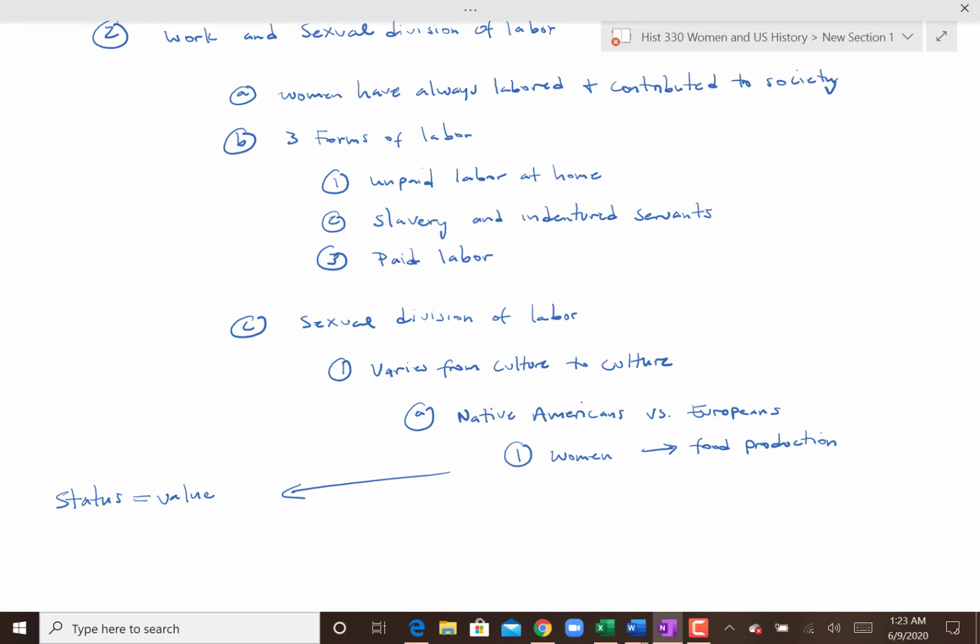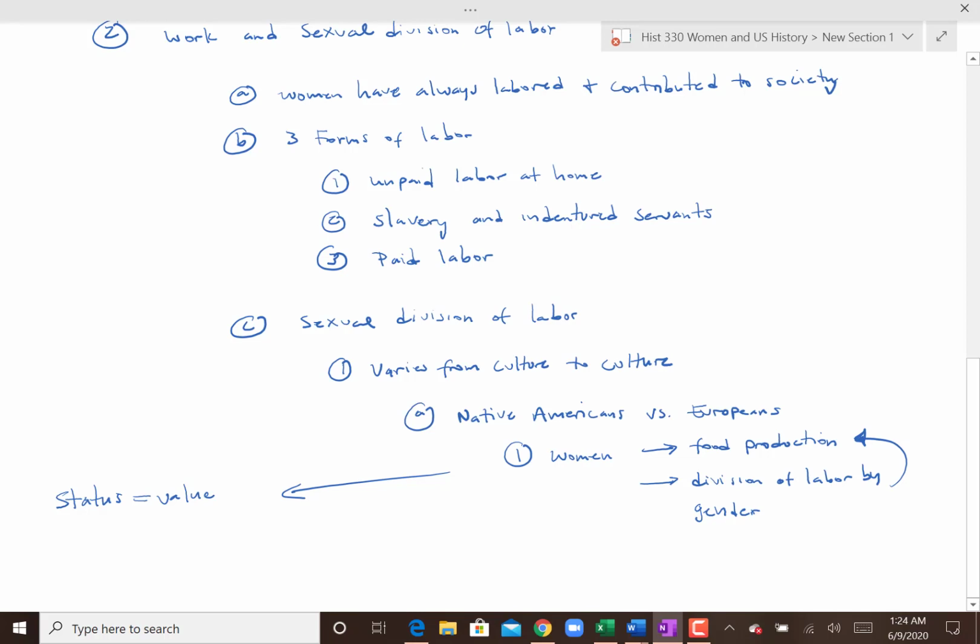But what happens with this, because they held on to food production, this meant that the division of labor by gender was different, right? For women, the work was the farming and harvesting.